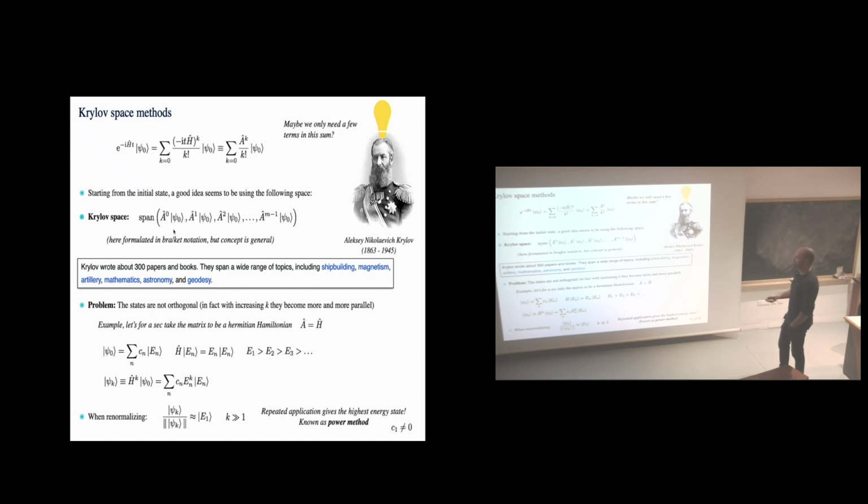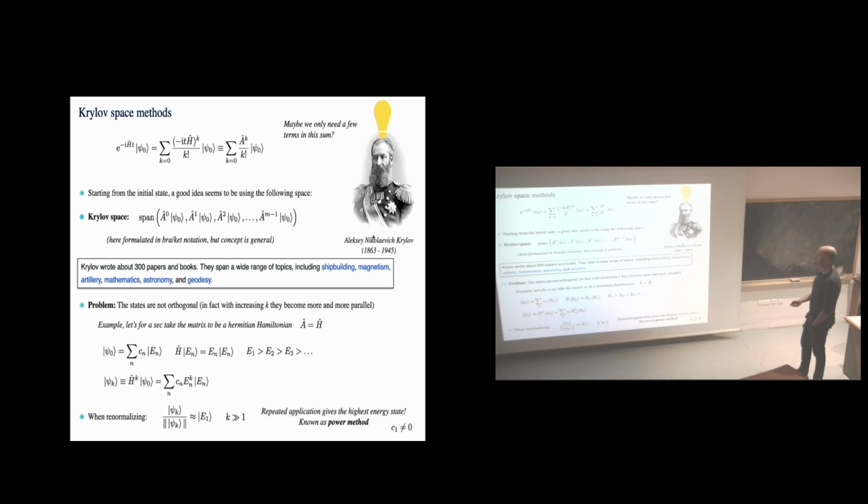Then I apply this matrix 1 time, 2 times, 3 times, and so on. It seems like a good idea to use this basis for doing this matrix exponentiation. So this is called the Krylov space.